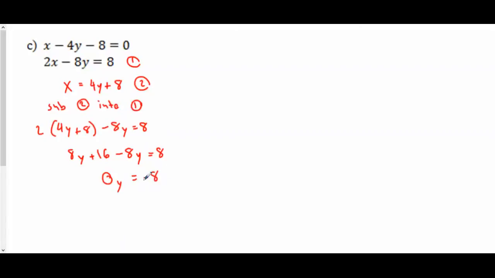Okay, so think to yourself, is there a number that I can multiply by 0 and end up with negative 8? No, right? Any number times 0 is 0, right? So obviously there can't be an answer here. So this might be a case where there is no solution.